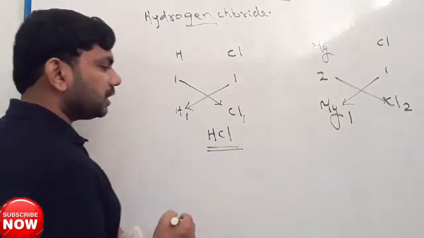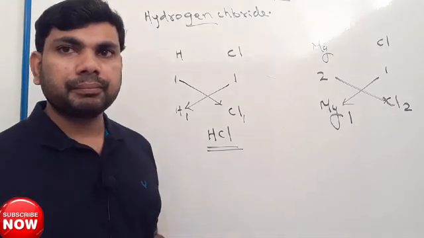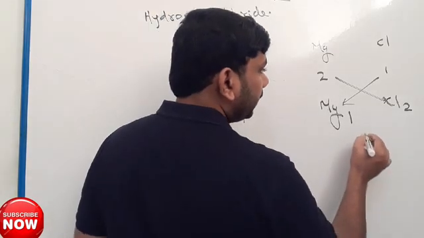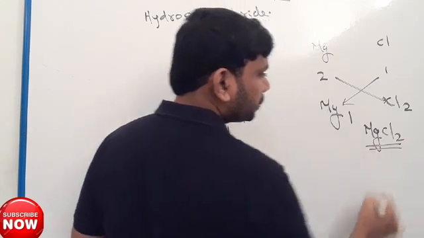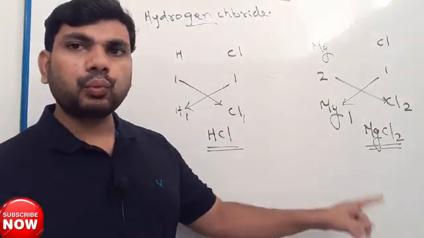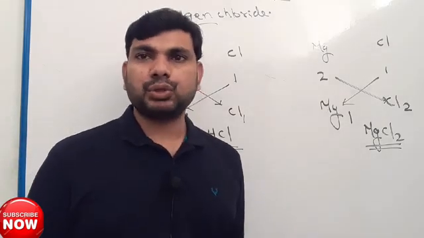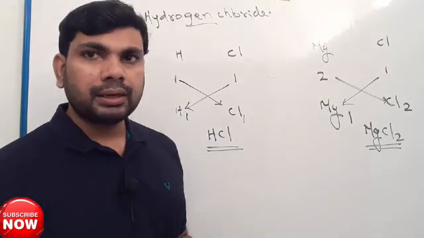So HCl, this is the formula of hydrogen chloride. Similarly, the formula of this compound is MgCl2, Mg1Cl2, 1 no need to write. So you just write MgCl2. Clear? So this is magnesium chloride.